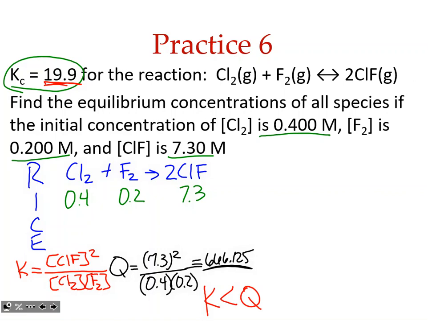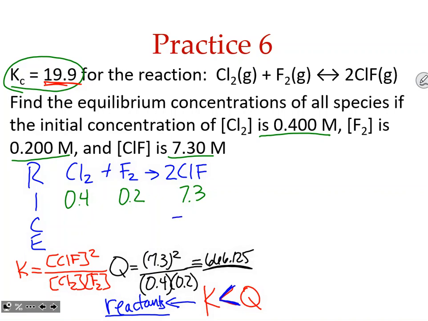Reactant. Yes, this one goes towards the reactants. Very good. So what has to happen here when we do our change? Yes, so we're going to consume the product, gain reactant.